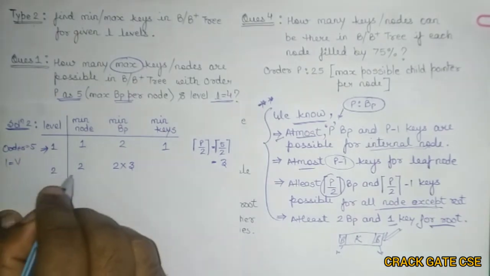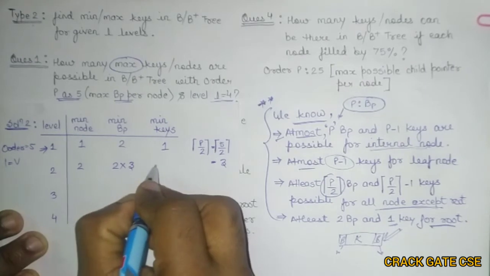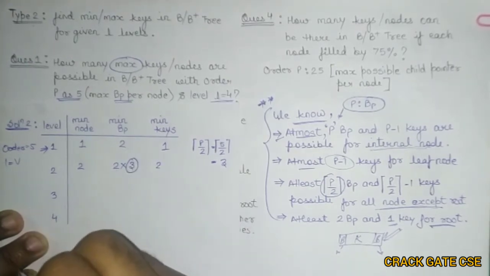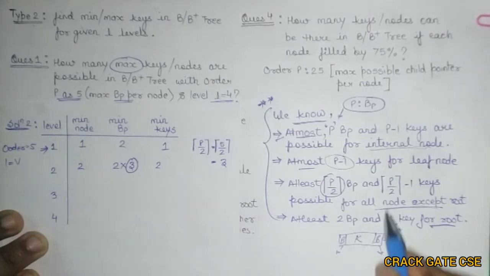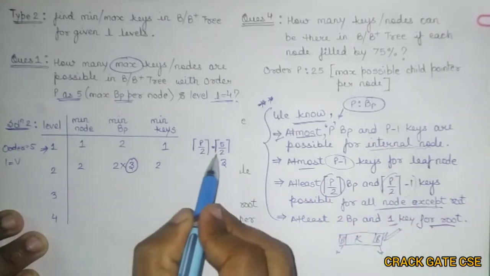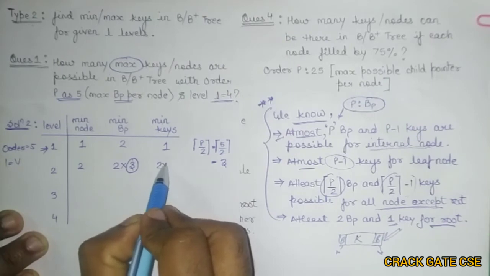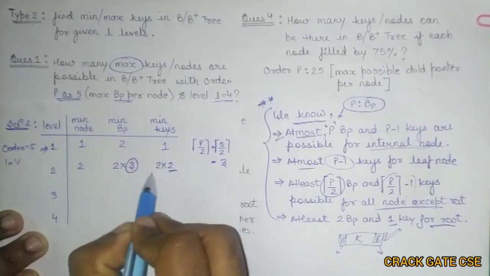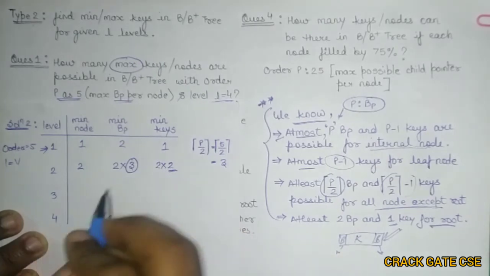So if there are 2 nodes, so if there are 3 block pointers in the second level, how many keys can be there? P by 2 minus 1, that means this 3 minus 1, which is nothing but 2. So 2 keys are possible and there are 2 nodes. So total it will be 4, right?